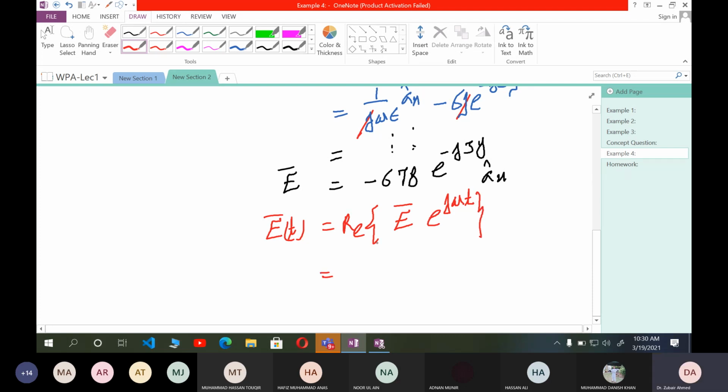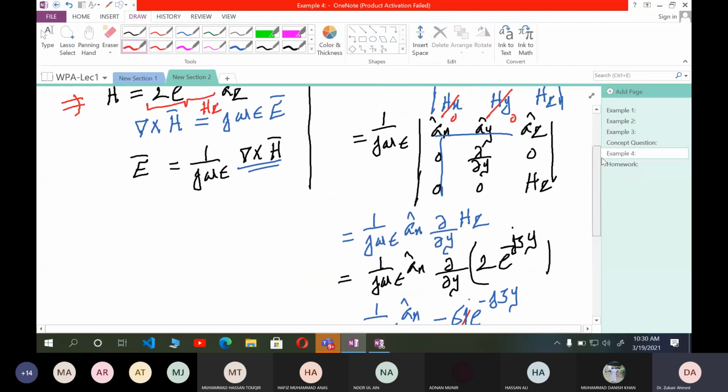So the final answer is that the electric field will become minus 678 cosine of omega t minus 3y, where omega was 2 into 10 power 8, times ax unit vector. So this is our final time domain electric field in the instantaneous form.